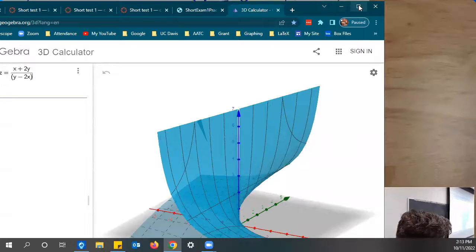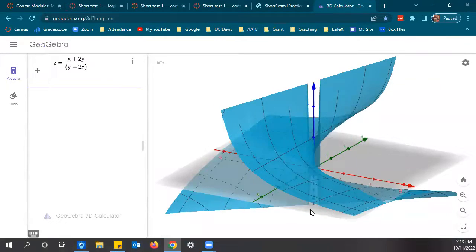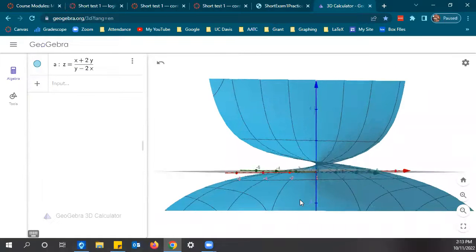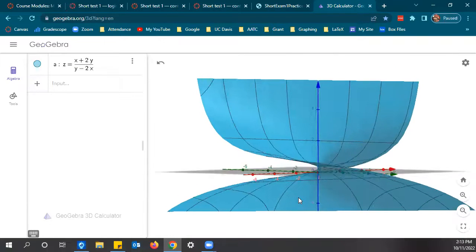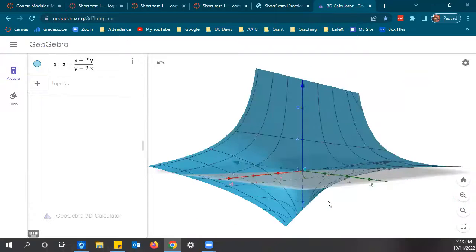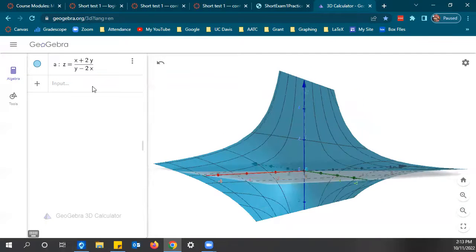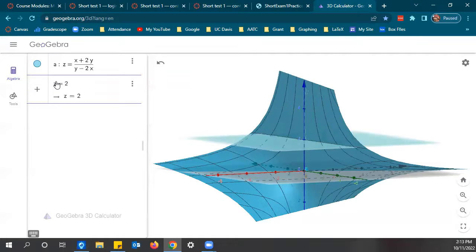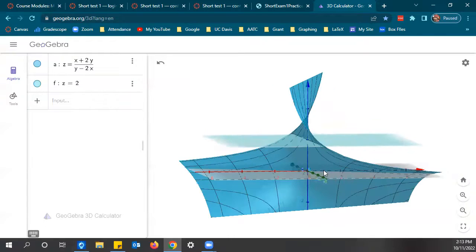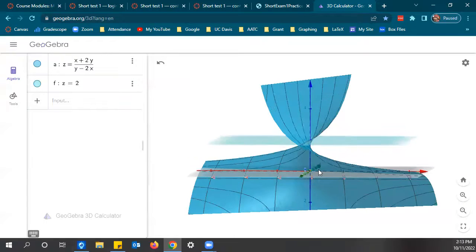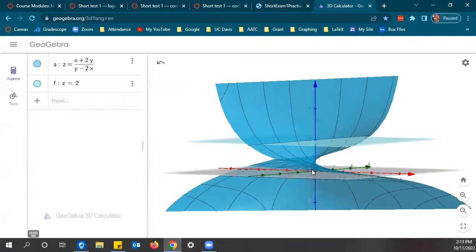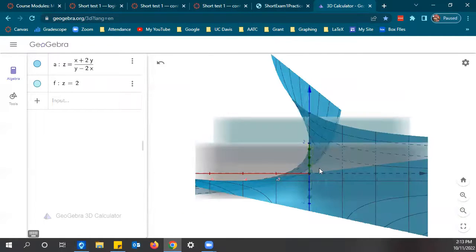So if you take a look at this, you can see it looks like the higher up you go, your level curve is just a straight line. To make it a little easier to see, let's go to z equals 2. If you look there, that plane is definitely cutting the surface in exactly a straight line, like y equals, oh, that's actually x equals 0, right?